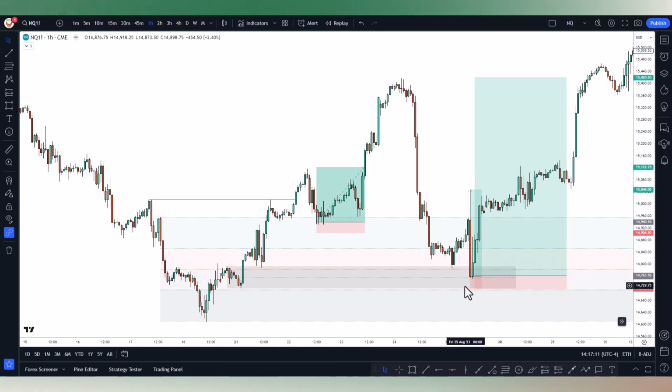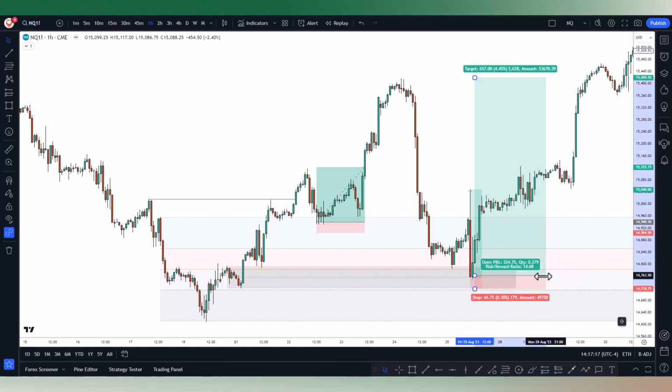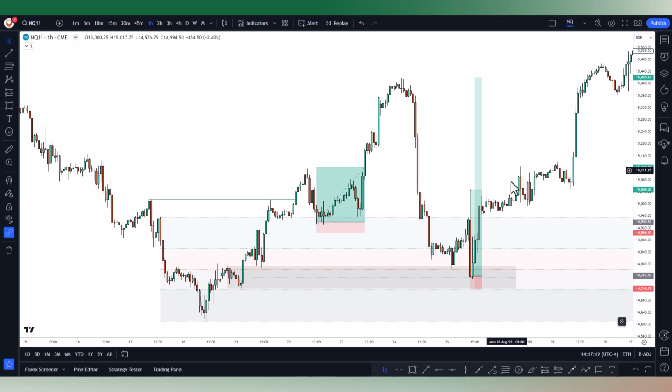So this is the first entry. If you know what you're doing, this is the first entry, and you have another entry which needs more confirmation, and you want to see price going in your favor and giving you another opportunity.